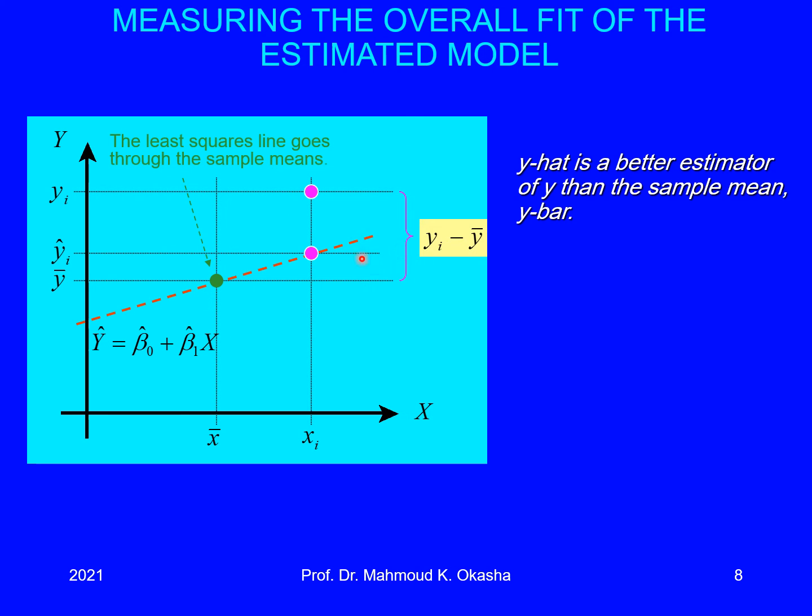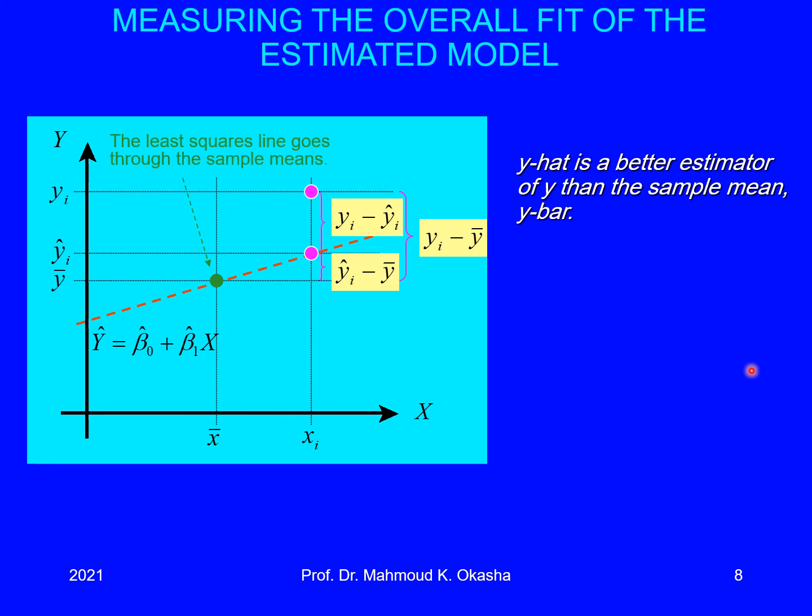And this is the error here. The difference between this value and the straight line is yi minus yi hat, which we usually square and sum over all these errors, right?